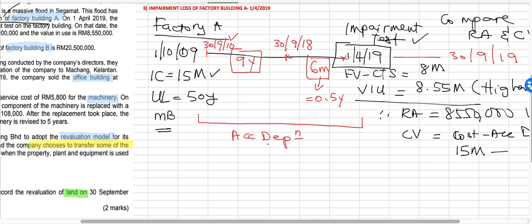Okay, so how do you calculate depreciation? That will be the cost, 15 million, divided by the useful life, 50 years. And because this question says this is a monthly basis, that's why we take up this 6 months. So it will be times 9.5 years.